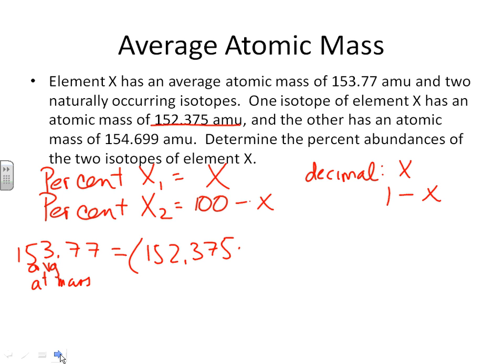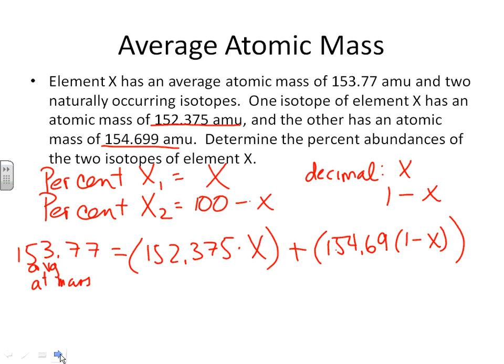We don't know what the percent is, so we're going to put in x here, plus the mass of isotope 2, 154.699, times its percentage. Now here's where if you're putting in y, you would get into trouble, but we know it's not y. We know it's going to be 100 minus x in terms of percent, or in terms of a decimal, which will make the work a little bit easier here, 1 minus x.